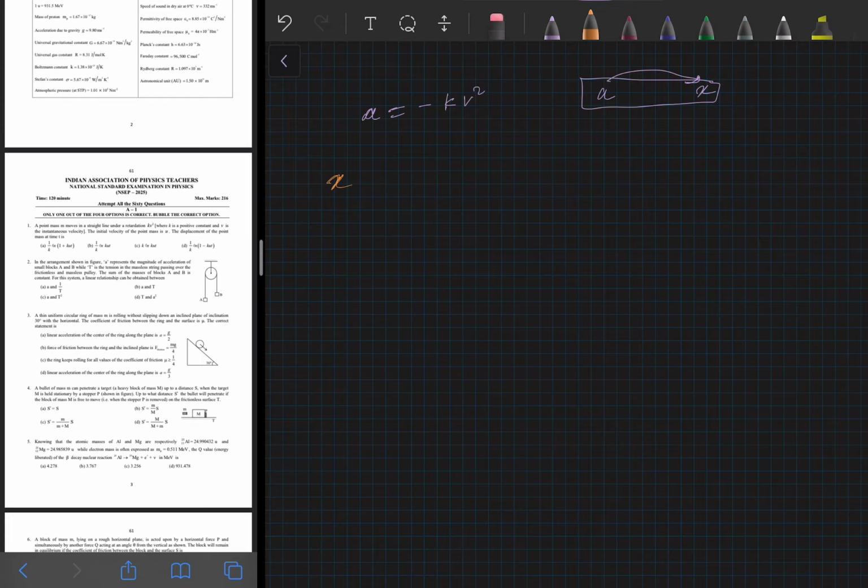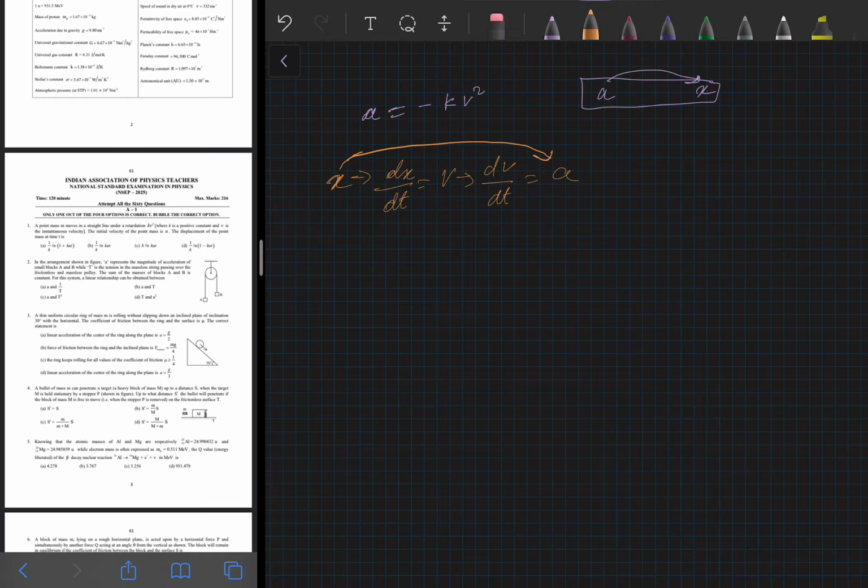The rate of change of x with respect to time is velocity, and the rate of change of velocity with respect to time is acceleration. So if you want to go from displacement to acceleration, we have to differentiate it twice.